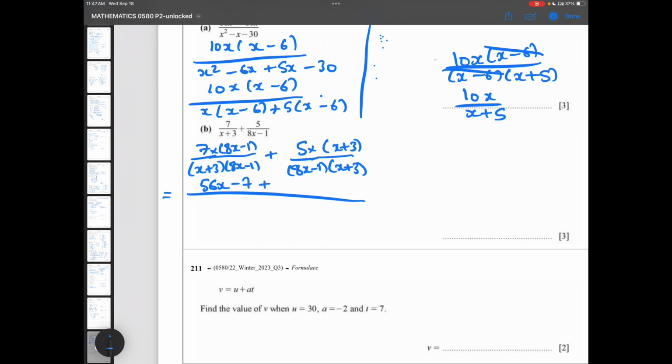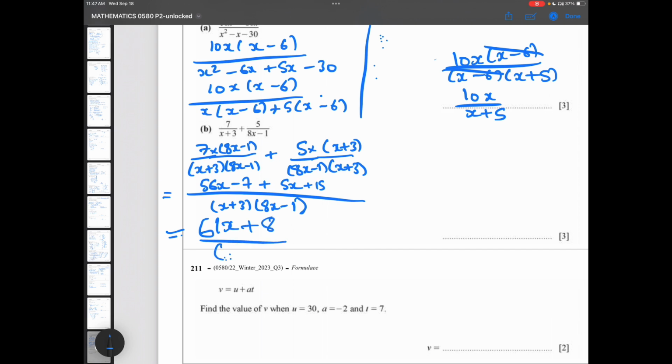Plus 5 into x is 5x, and 5 into 3 is +15, upon (x + 3)(8x − 1). Now I have 56x plus 5x, which will be equal to 61x. Minus 7 plus 15 is plus 8.